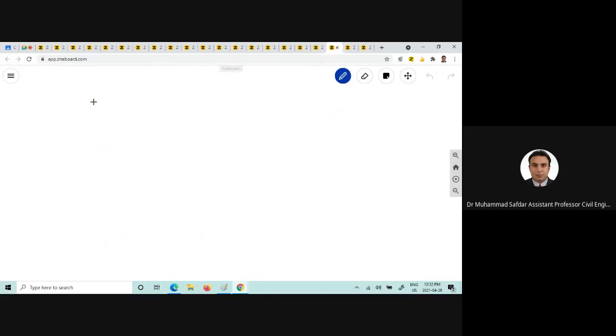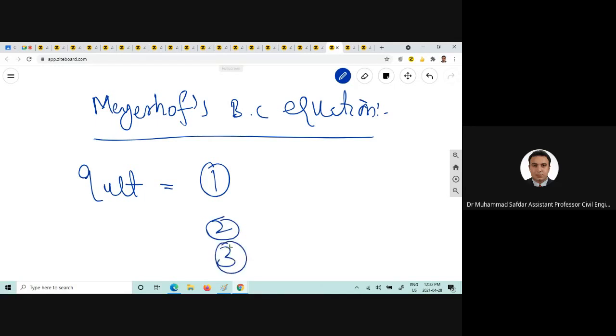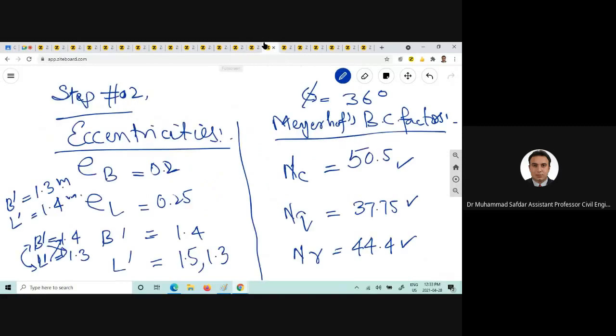Now we will find out the ultimate bearing capacity using Meyerhof bearing capacity equation. सर ये वैल्यूज रिव्यू कर दें सर एक बार। Okay. Nc 50.5, Nq and N gamma 44.4.